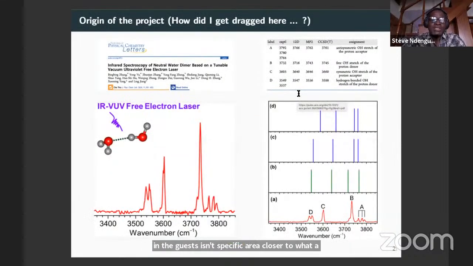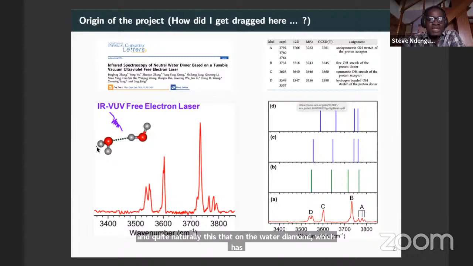And how did we start this project? About a year ago, a group in China built a very nice free electron laser that they hoped could help get very accurate spectra of various types of clusters, and quite naturally they started with the water dimer, which has been debated for several decades now.